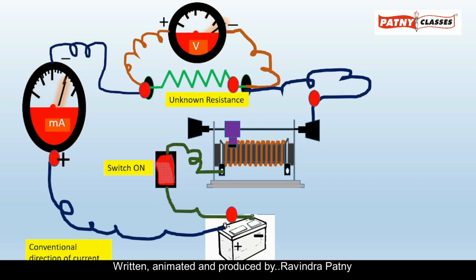Suppose the unknown resistance equals 1 ohm. Under what condition is it possible? It is possible only if the voltage equals 1 volt and the current flowing through the unknown resistance equals 1 ampere.